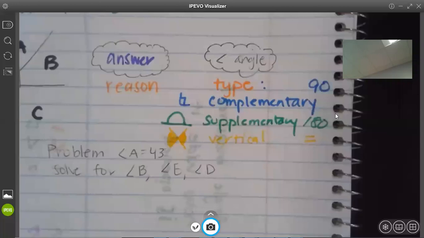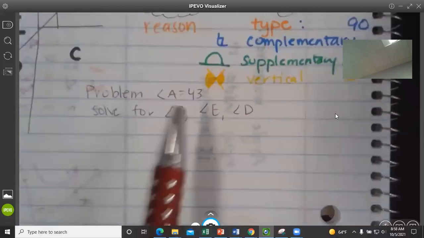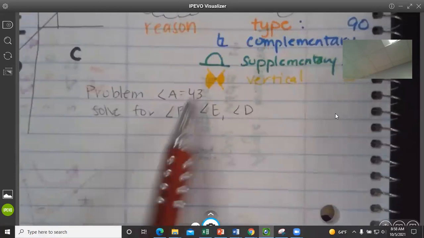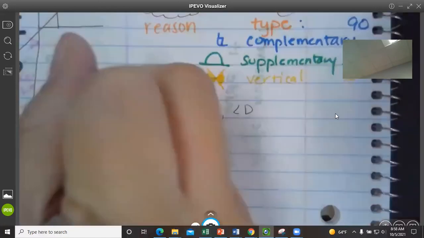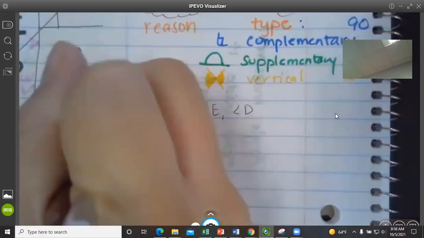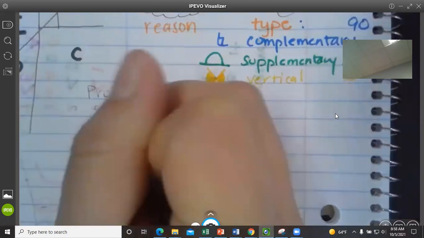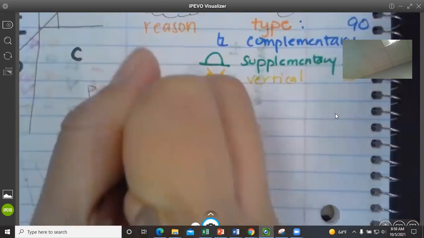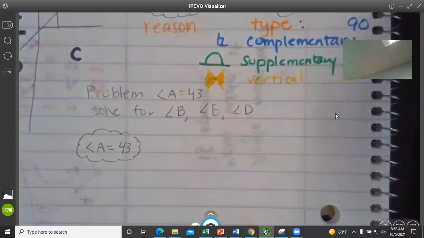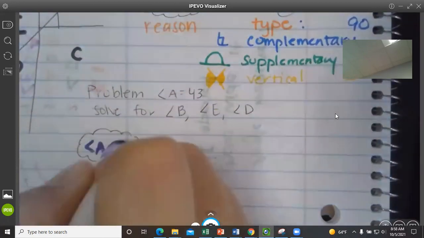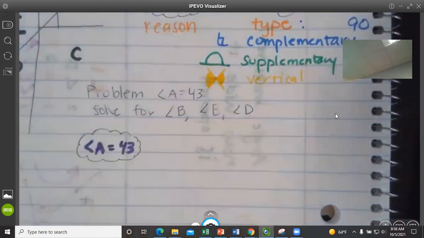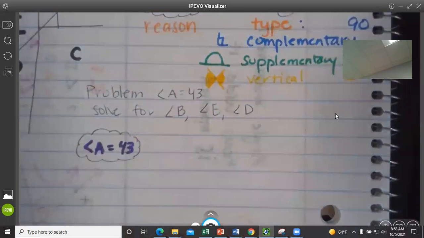All right, so the first one we're going to do is A. Now, A is here in the problem, so I'm going to make a cloud for A. A is 43. Now, the reason for it, how do I know it's 43? Where did I get 43 from? In the problem, it was given to me.